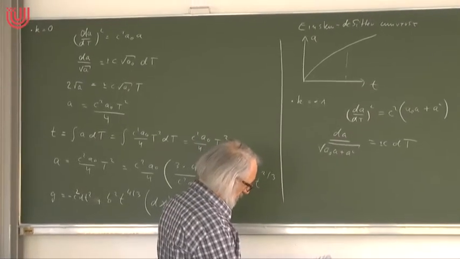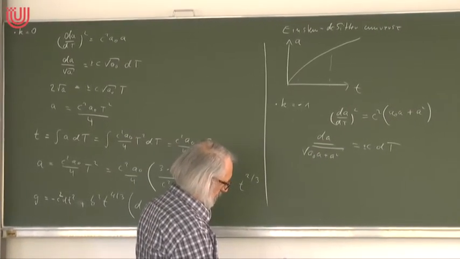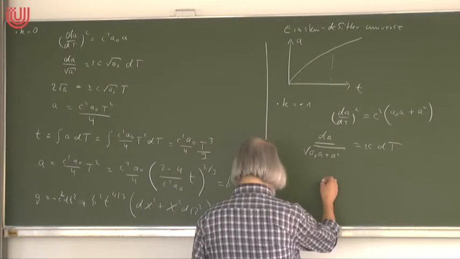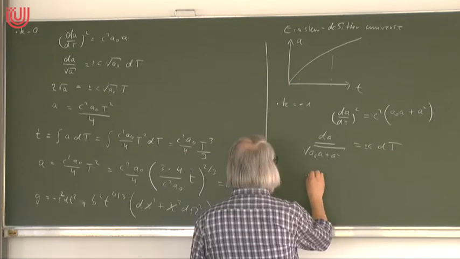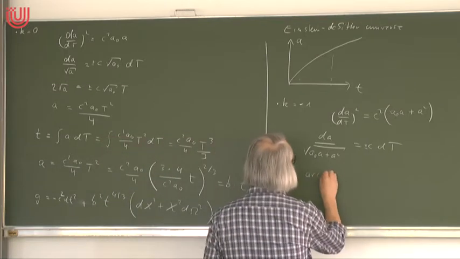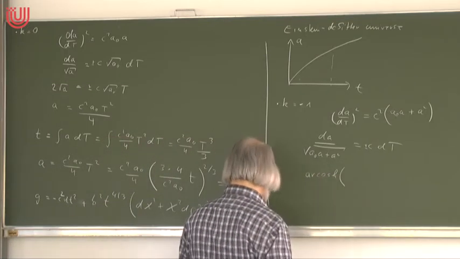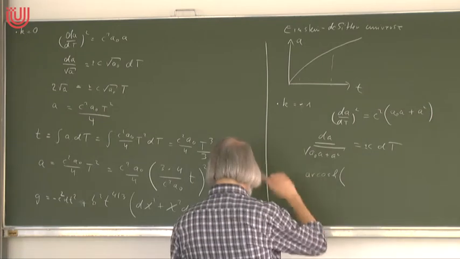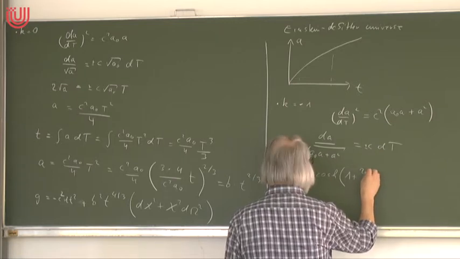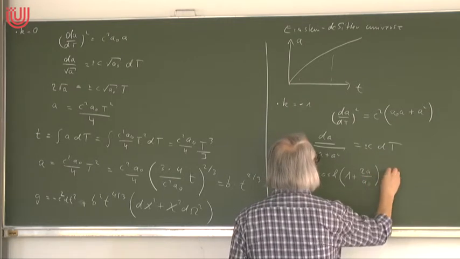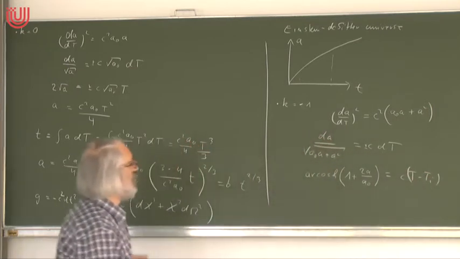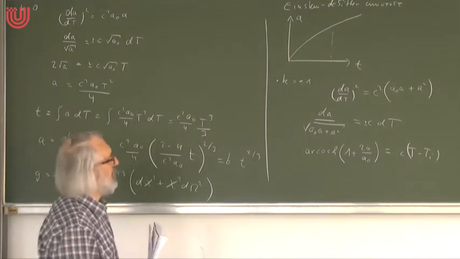So the solution to this equation, let me again just copy it from my notes. K equal -1 is here. Yes. So the solution is, in the other case we had the inverse cosine, and here we have the inverse hyperbolic cosine. And this is because I have the other sign under the square root, but this time I hope I got it correct. It's 1 plus 2a over a naught. And of course this is ct minus a constant, and we will see how to choose this constant in a minute.